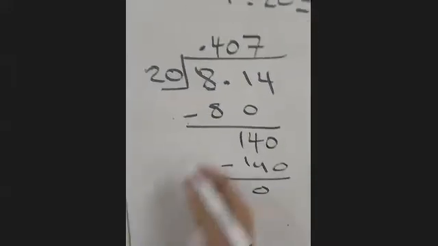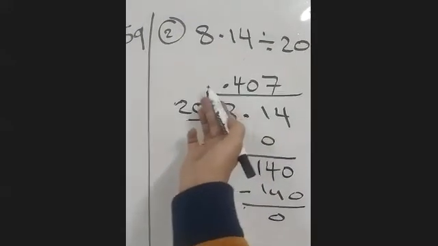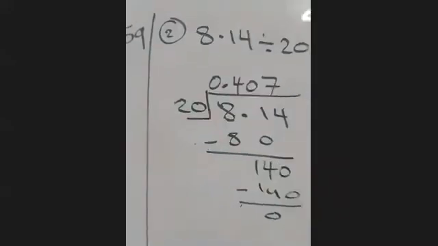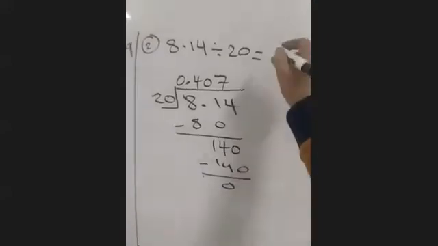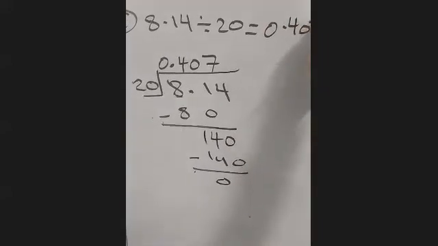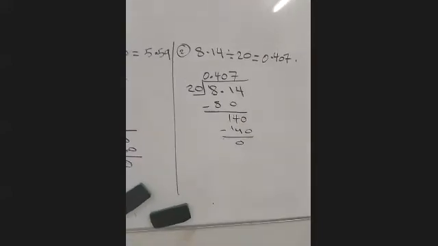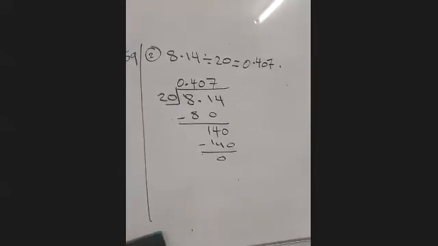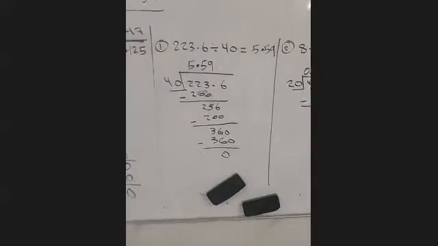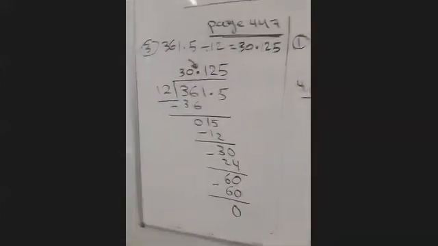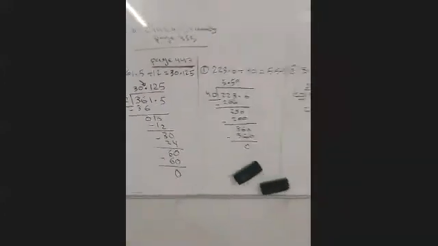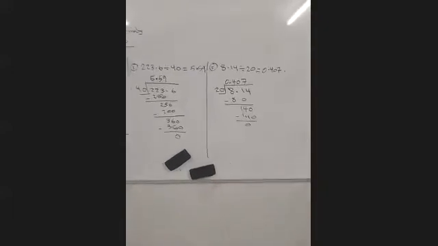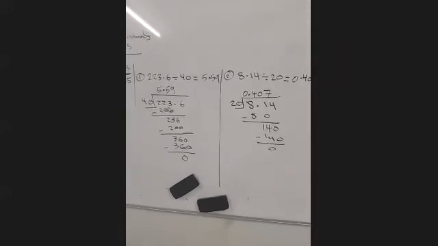Subtract, 0. So what's the answer? We can add 0 also here. The answer is 0.407. This is question 2 in page 447. This is question 1 in the same page. And this is question 3. Check your answers, guys, and don't leave mistakes, please. I'll give you 1 minute.